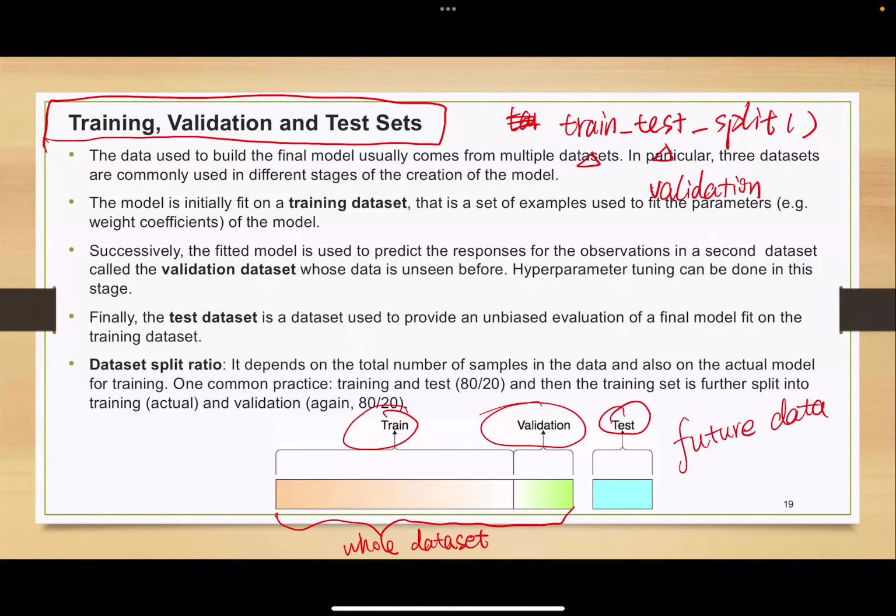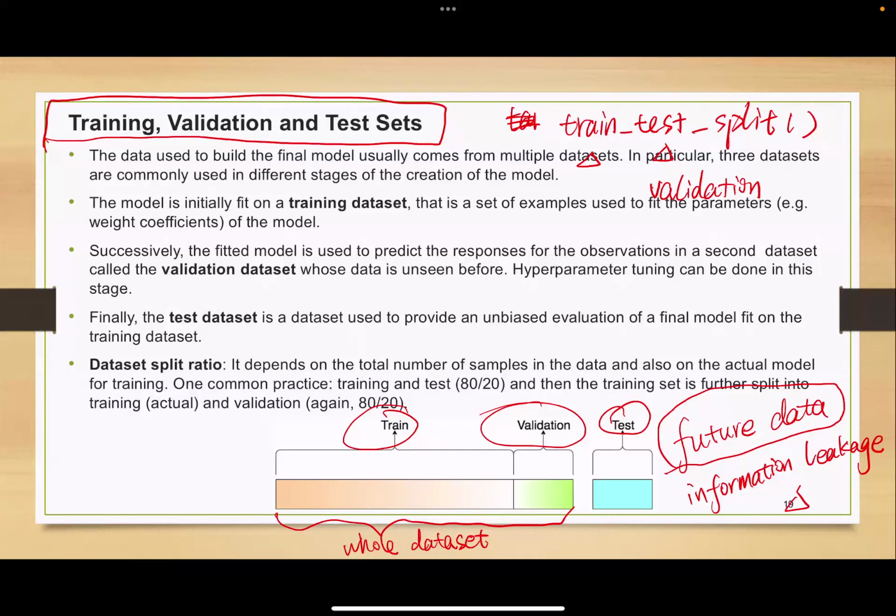If you use the test data set when you are training the model, it is a kind of information leakage. This is called information leakage. You provide some future information when you're training the model. So you cannot do this.